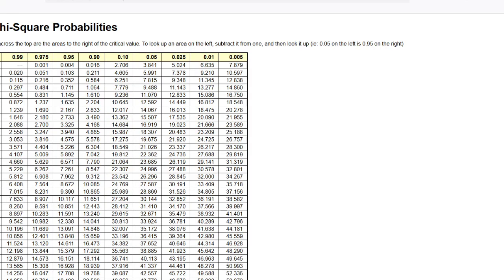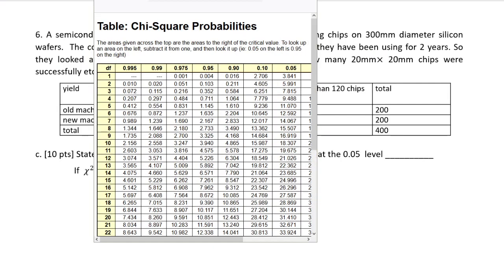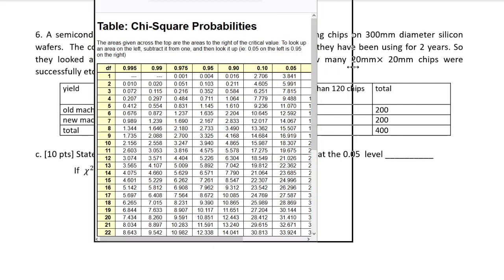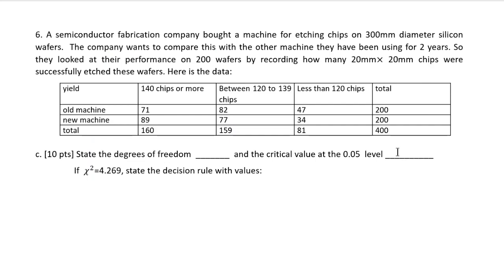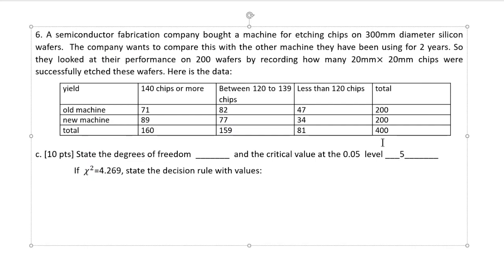So you can look for any kind of chi-square table. I just googled one, and here's a chi-square table. And as you can see, degrees of freedom 2, and at 0.05 significance level, you get 5.991 as the critical value, right? So this will be 5.991, and the degrees of freedom will be 2.